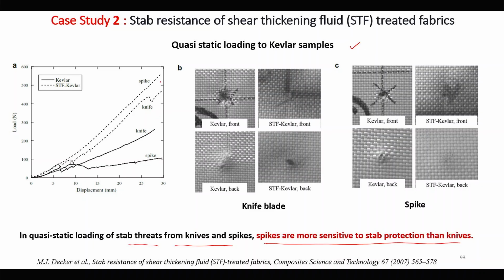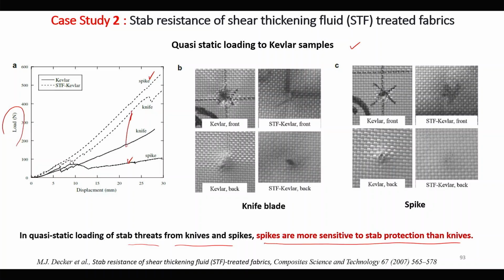Here you can see this is for spike. So, stab protection, and this one is for spike. Okay. We can see for spike the increase in load of penetration is much higher for STF treated Kevlar fabric than the knife.